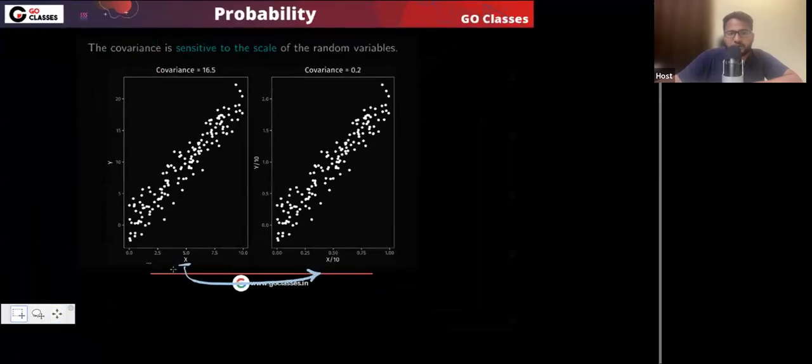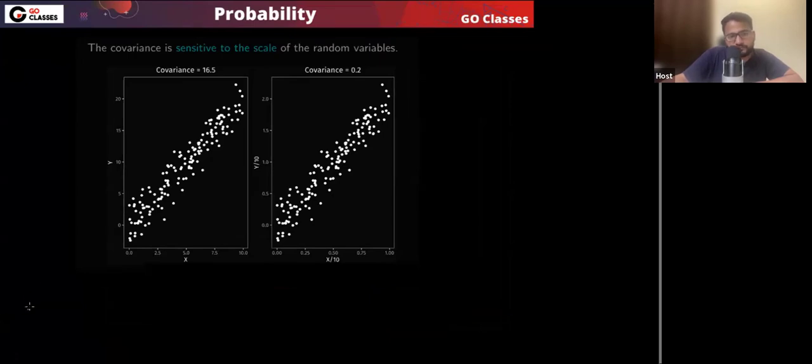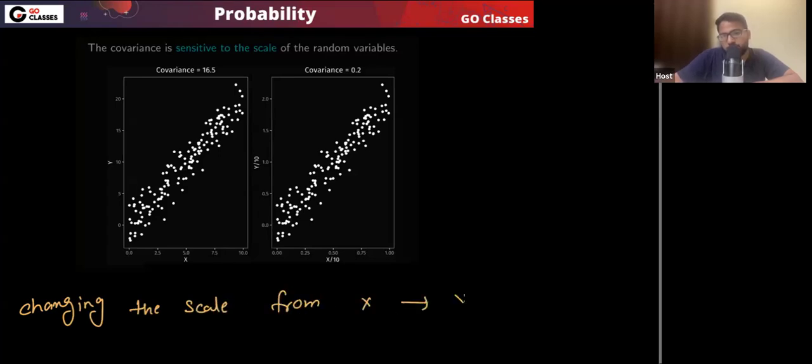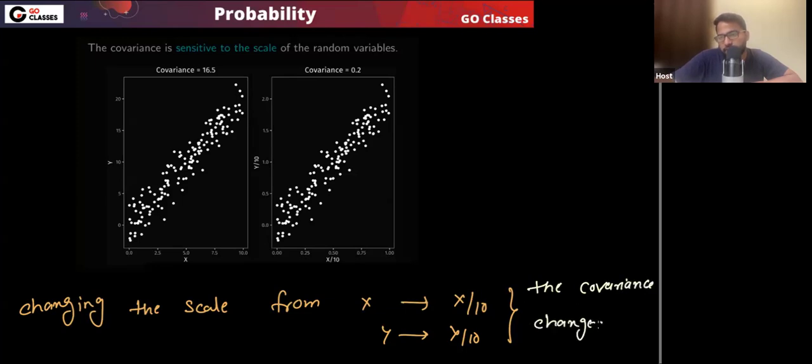So I can say here that changing the scale from x to x by 10 and y to y by 10 changes the covariance, divided by 100.